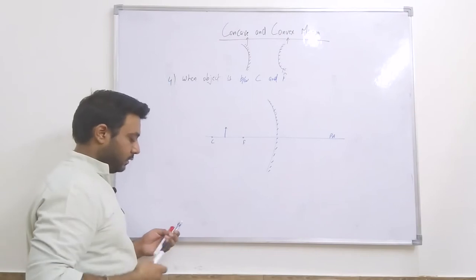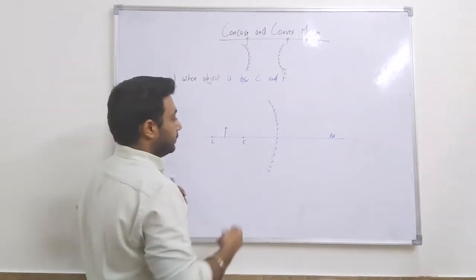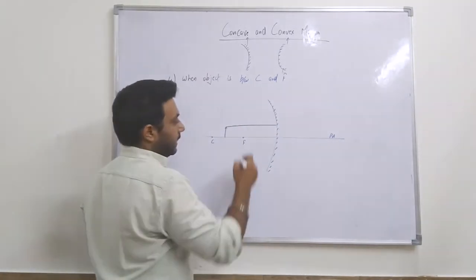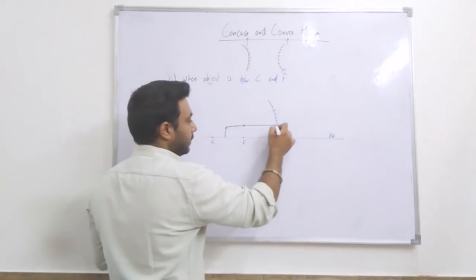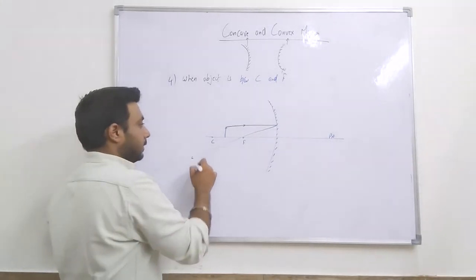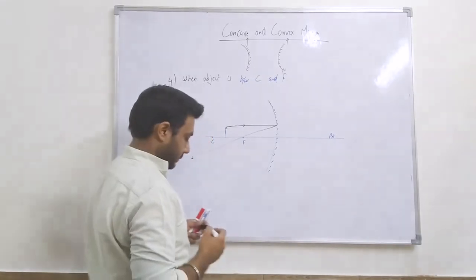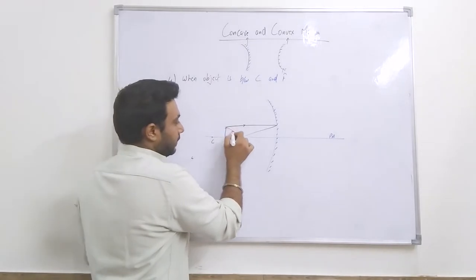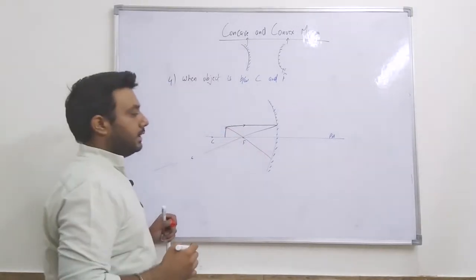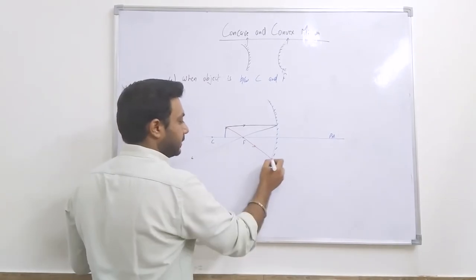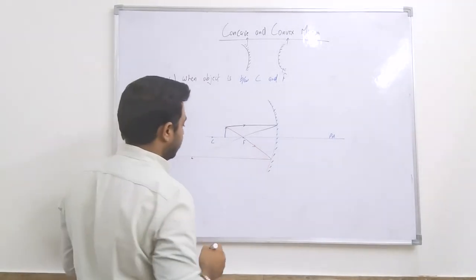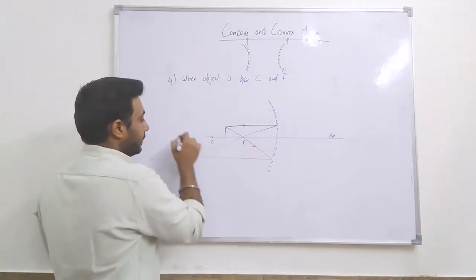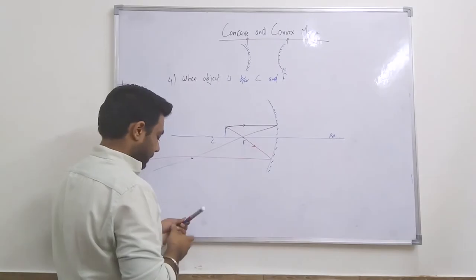Now next we have to use two rules from among the four rules. First rule was line coming parallel to the principal axis will pass through focus. And the next rule was the ray passing through focus will become parallel to the principal axis.